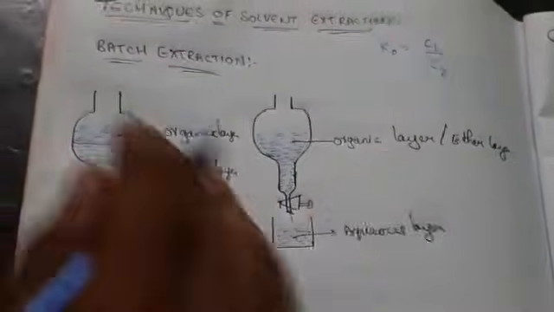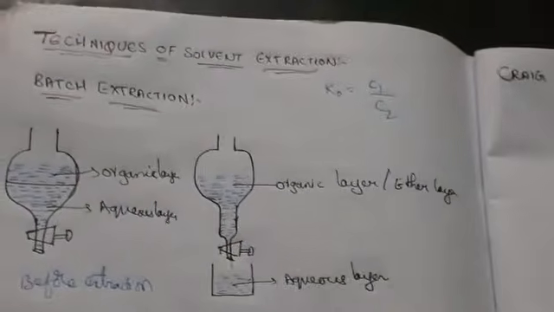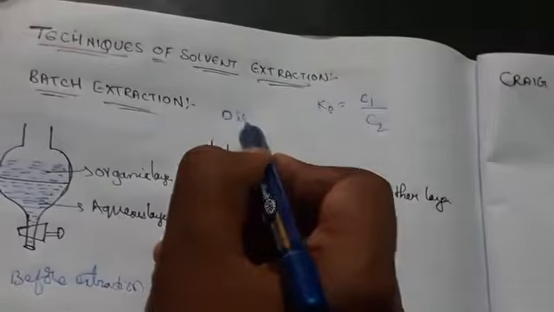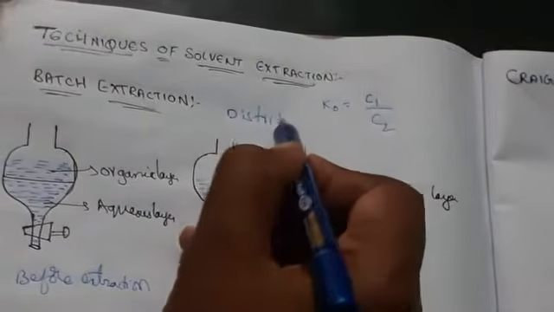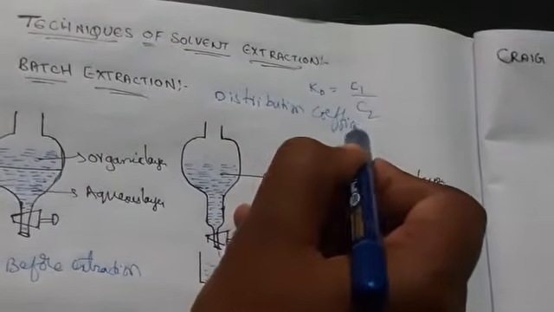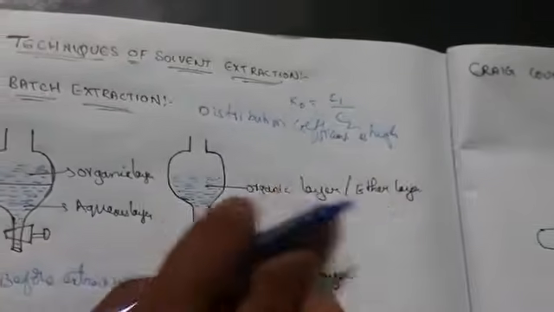Batch extraction is used mainly when the distribution coefficient is high. Whenever it is high, we use this extraction technique.